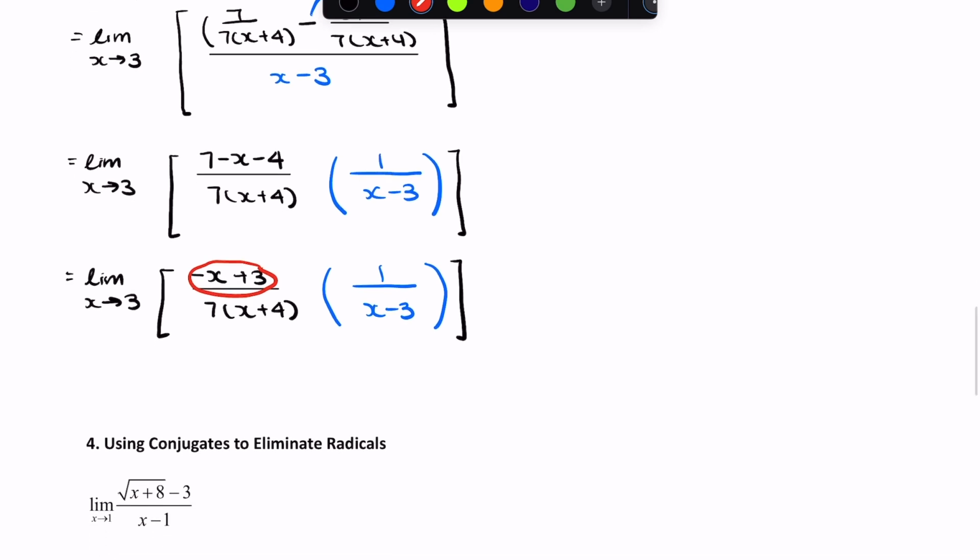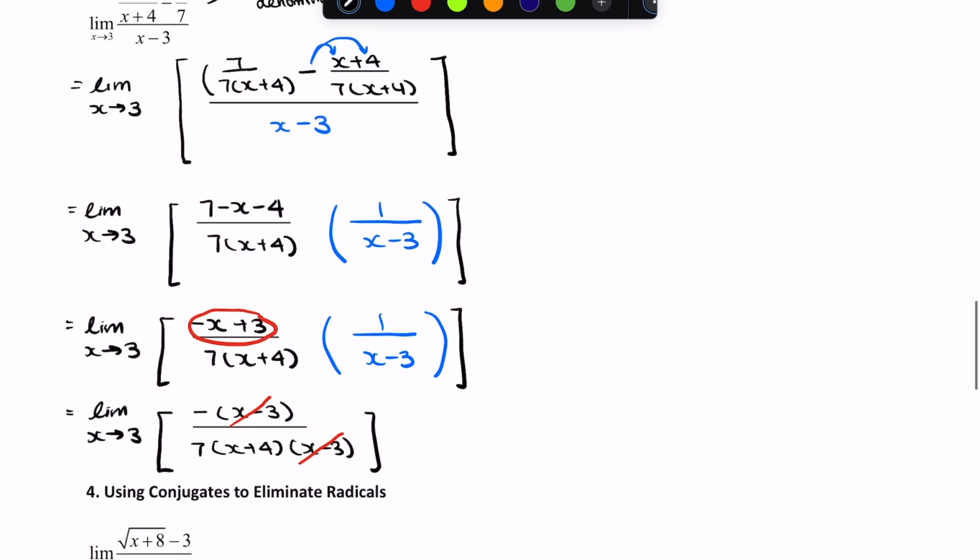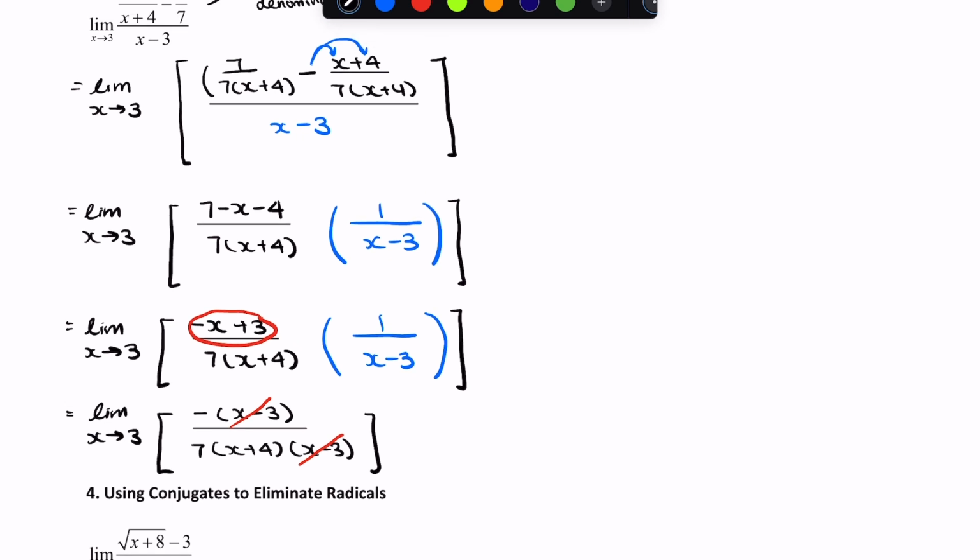So if we factor that out, let's rewrite this. So the limit as x approaches 3, let's factor out that negative. We'll have negative x minus 3 over 7 bracket x plus 4 times x minus 3. And so here we can cancel out the x minus 3. And now that we got rid of the restriction, we can simply sub the values in.